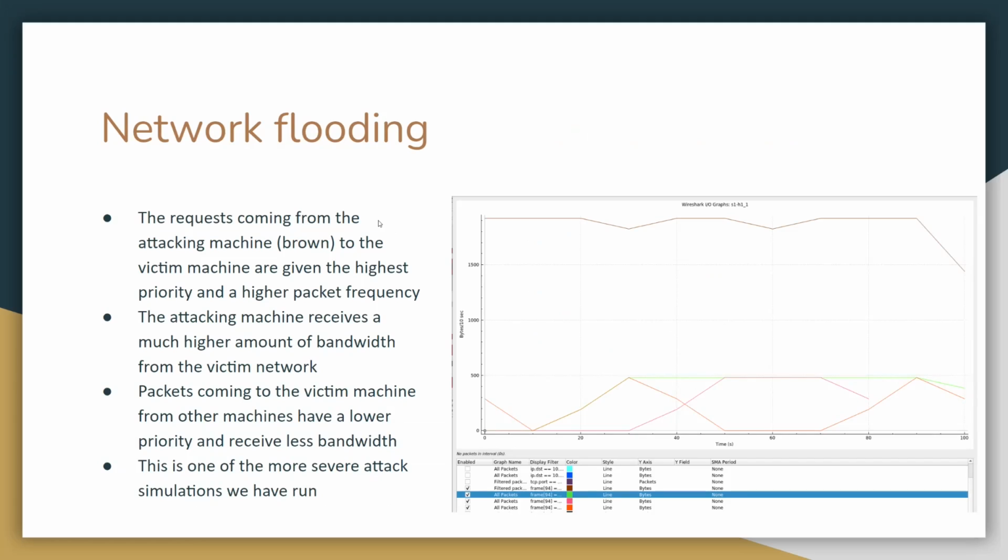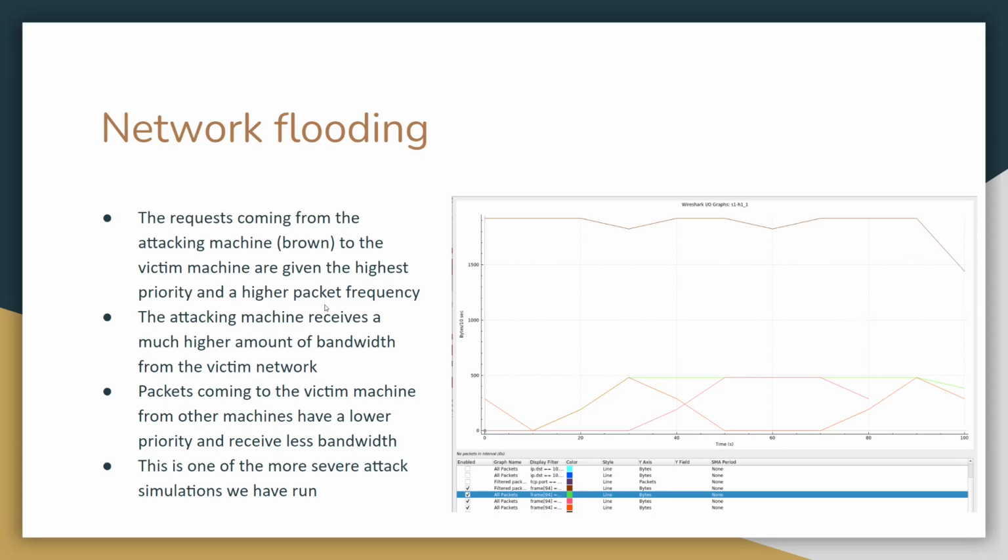So for our last attack here, it's arguably the most interesting one. We can see here that it looks a lot different from other graphs, and that the attacking machine's traffic is clearly given the most priority. It is around 1500 bytes per 10 seconds more than the next runner-up.